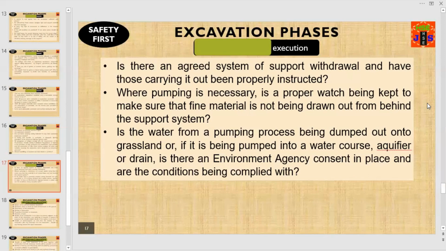If you think carefully, you will get enough information on how excavation can be dangerous, how you can protect the excavation, the underground services, the environment, your own workforce, and the general public adjacent to your workplace or excavated area. Maybe it's a tunnel or maybe it's a deep pit.